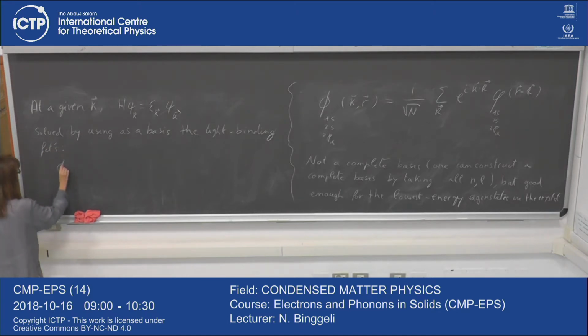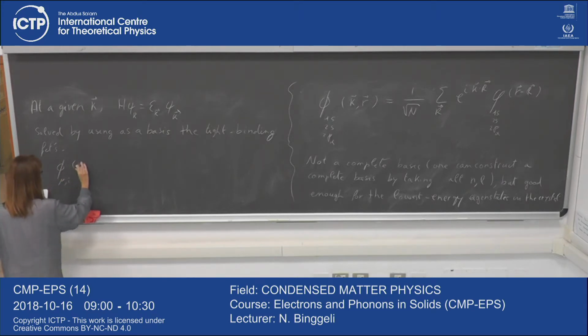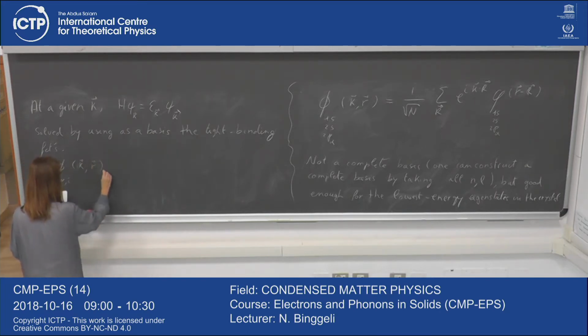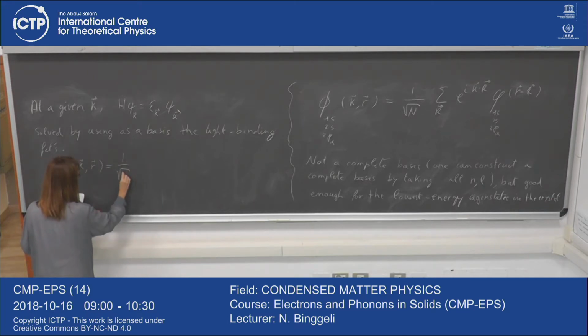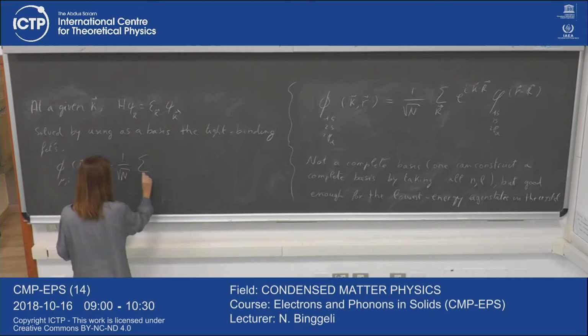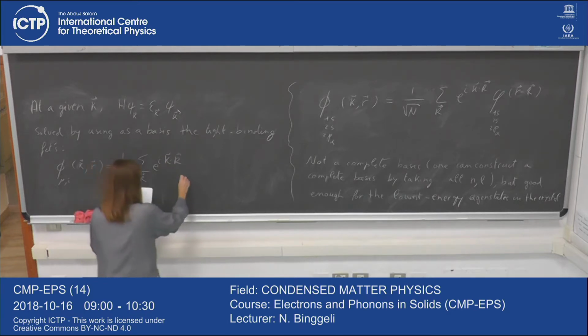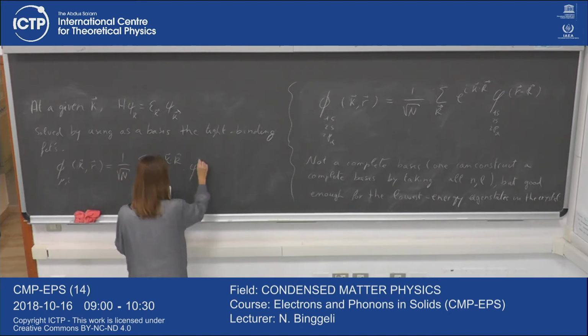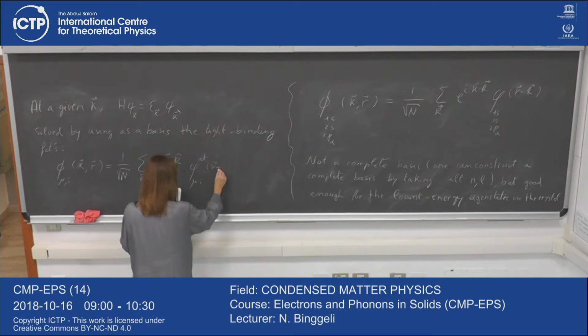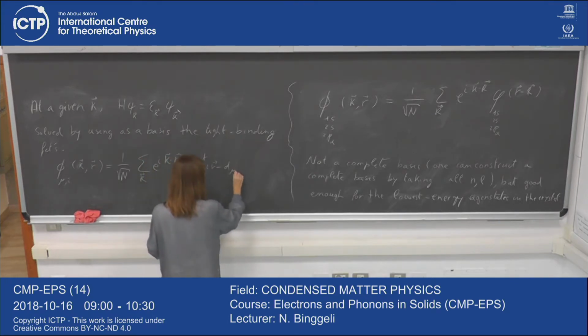So I will use as a basis my function psi k r, 1 over n sum over r, exponential i k r, times my atomic function mu i of r minus d mu minus r.